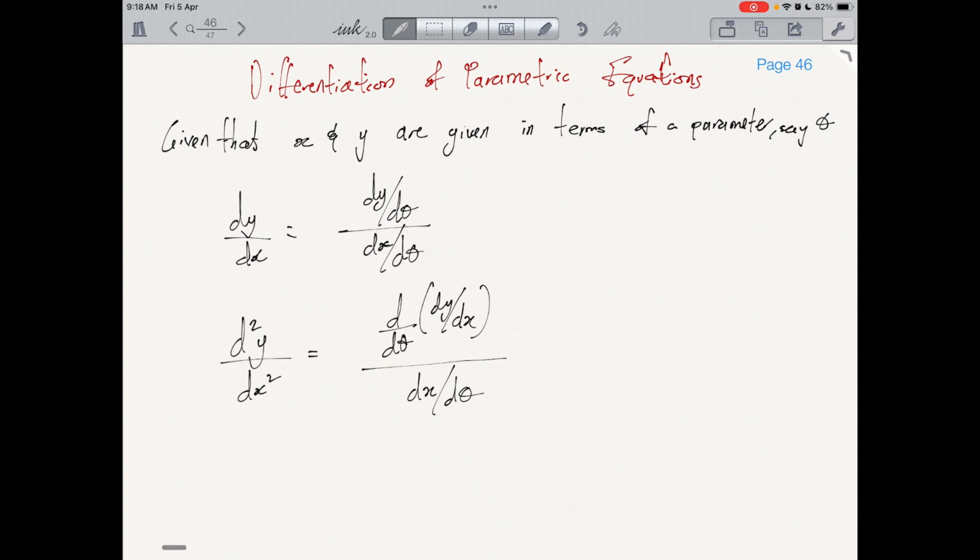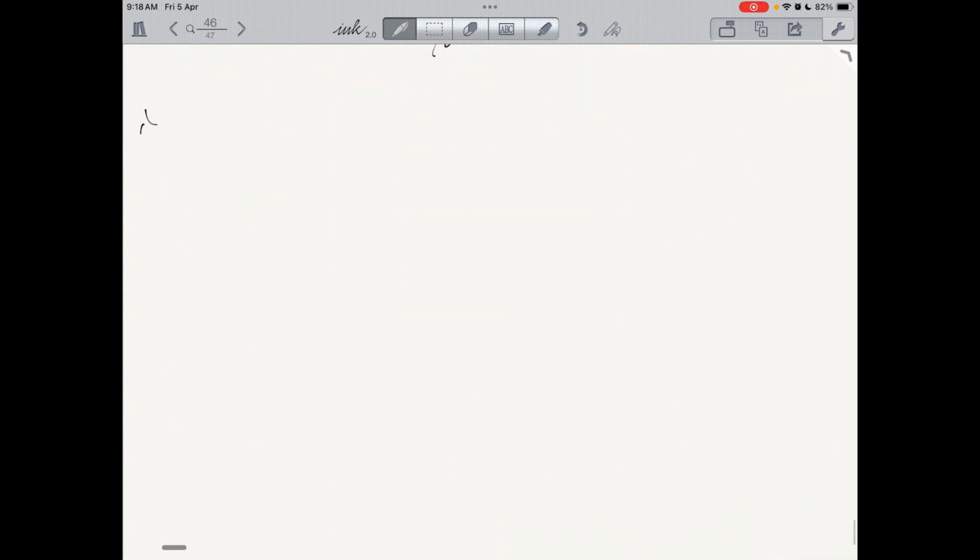So let's take an example so that this doesn't look abstract to us. 1. Given that x is equal to 5θ minus 1 and y is equal to 2θ(θ minus 1), evaluate dy/dx.